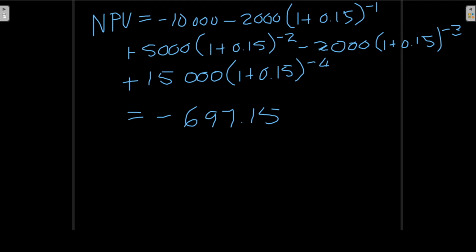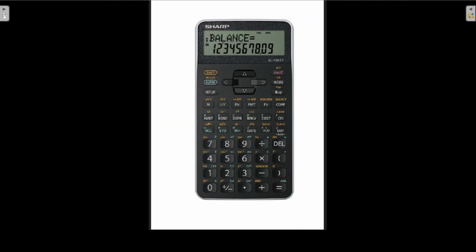So you can take out your calculators. Okay, and you can follow also in your notes, you have the steps that you follow to do this type of calculations. So first of all, you will press the CF button, second function, and CLR Work.